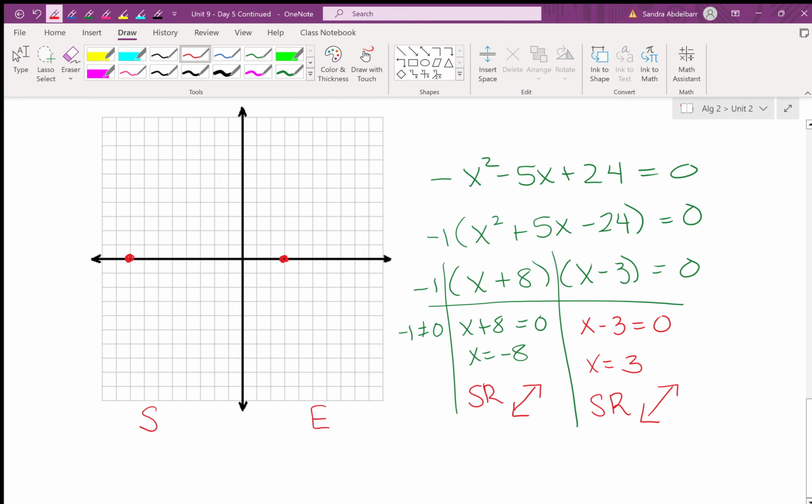Since I'm starting in quadrant 3, I'm going to do a straight line through negative 8. But now don't I have to curve back down to do a single root through positive 3? And that's how we look. Should this look like a parabola? Absolutely, this should look like a parabola because it is.